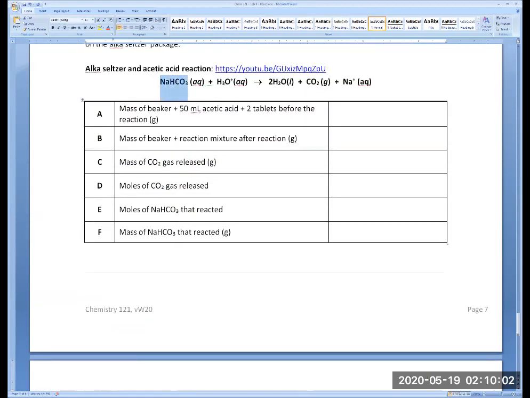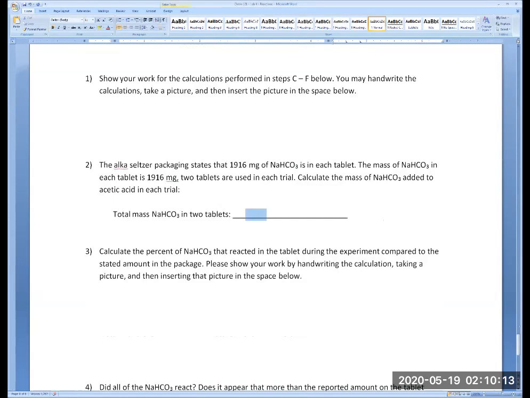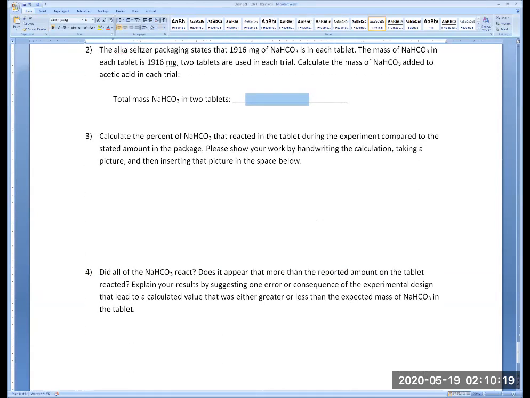So it's not really a yield, it's more what reacted. So you want to take the amount that reacted that you found in line F, over the amount that is theoretically in the tablets, times 100, right? That's what you want to do when it's asking to calculate the percent of NaHCO3 that reacted in the tablet during the experiment compared to the amount stated in the package. So times 100 and find the percentage.